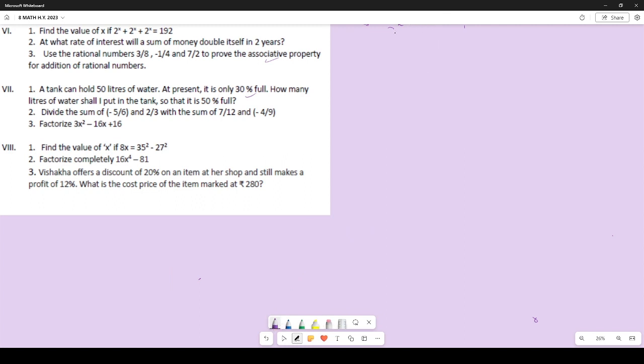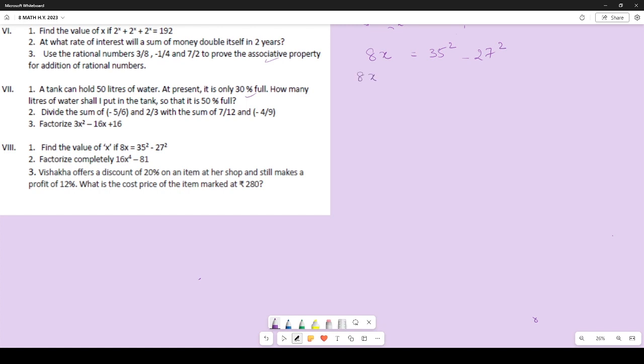Alright, so find the value of x if 8x is equal to 35 square minus 27 square.